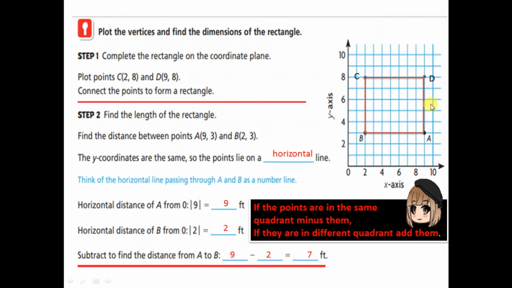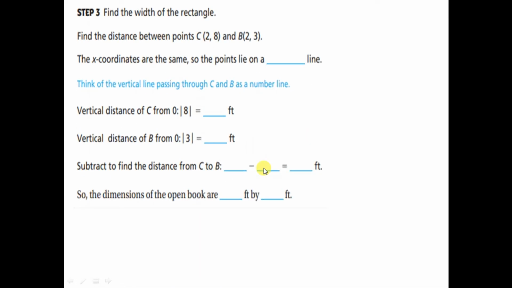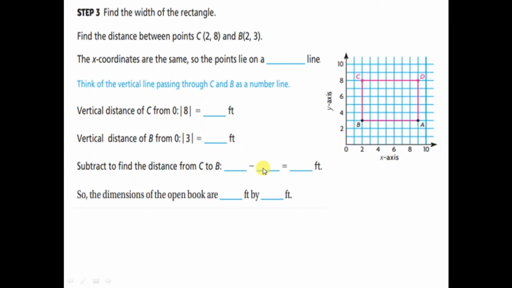Let's find the length of the vertical sides. CB or BC. That's the same idea, but here the line is vertical. So we will measure it from the y-axis.